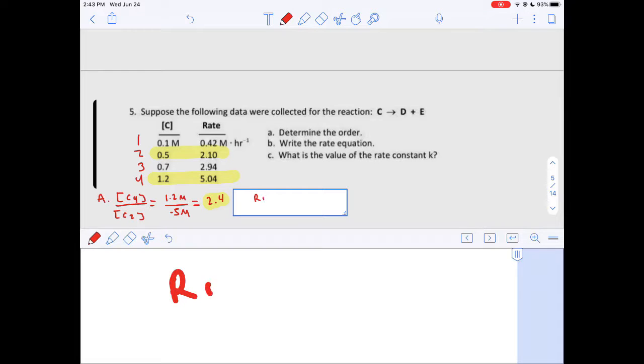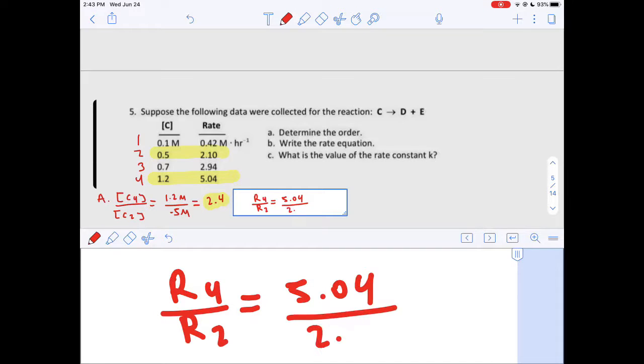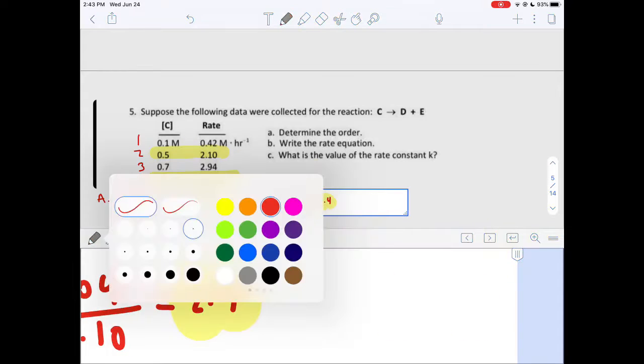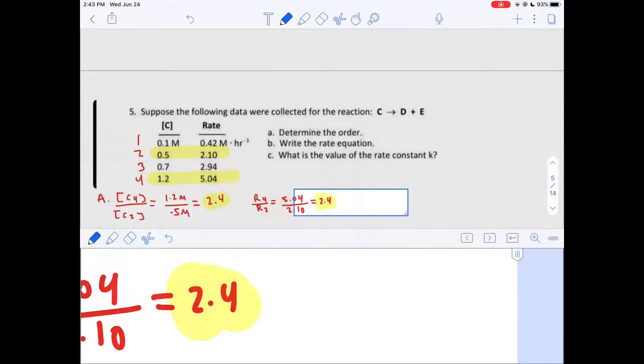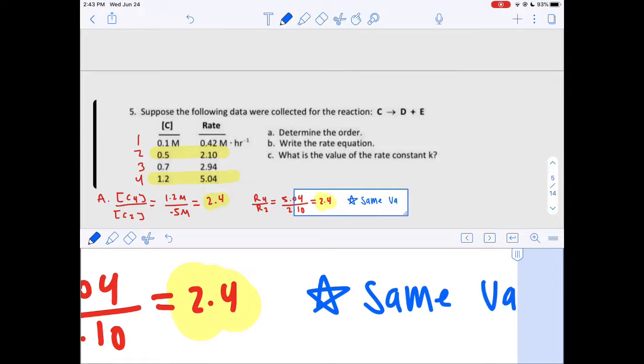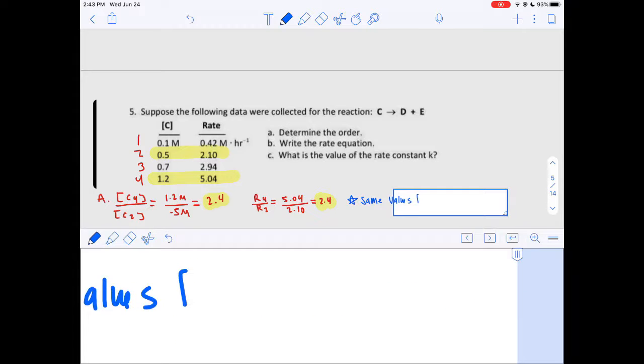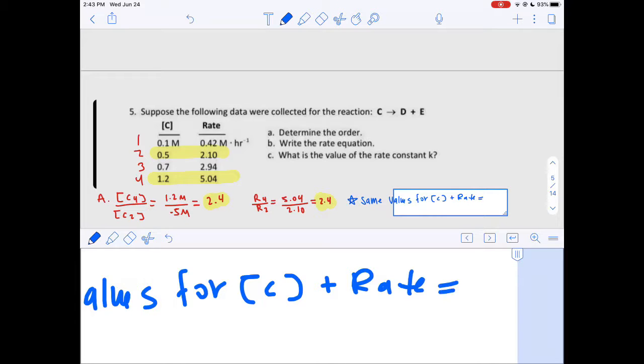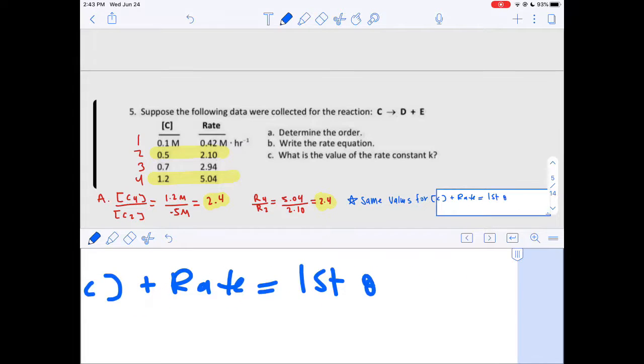So rate 4 divided by rate 2 is 5.04 divided by 2.10, which is 2.4. And since those are the same exact values, that means they're first order. I'll write that down. Same values for concentration and rate equals first order. So that's your answer for part A.